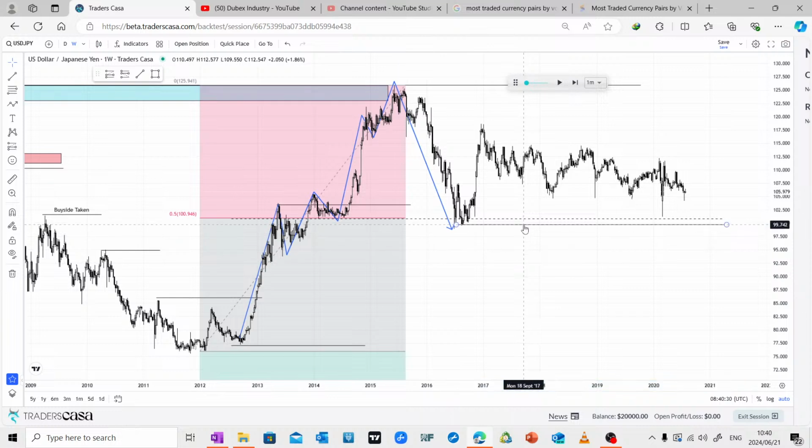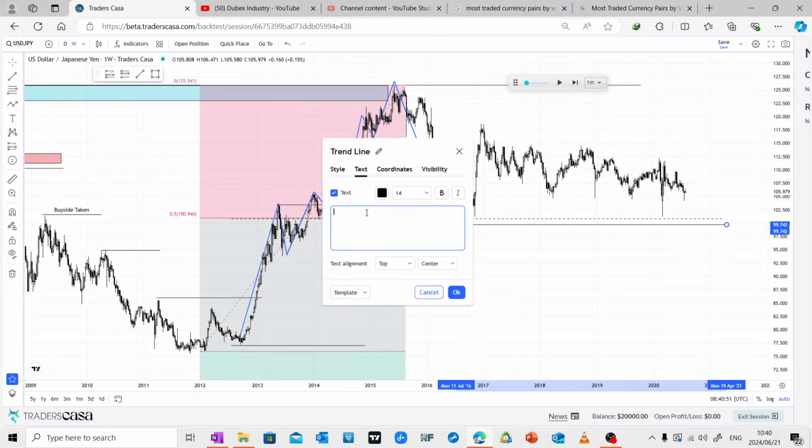And where's the high? That's important. The high is up there. So I won't deal too much with the price action that has happened in here, but for now just know that this is a swing low and this is a swing high, right? So I'll just label it just in case some of you guys don't like listening.